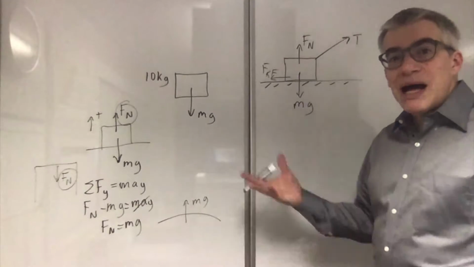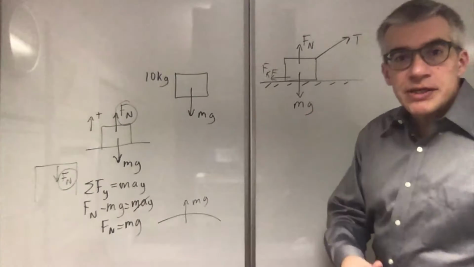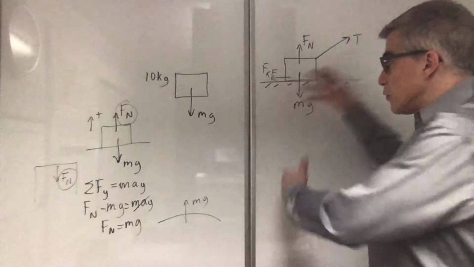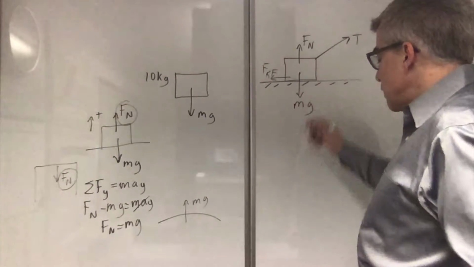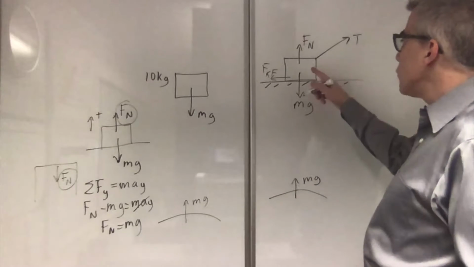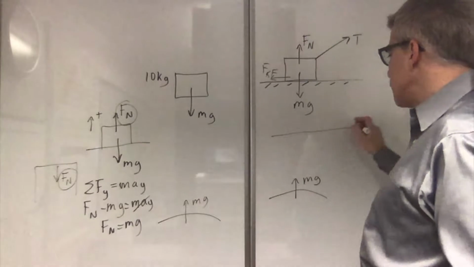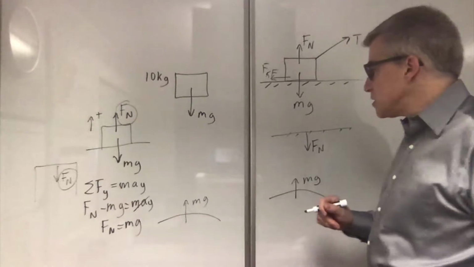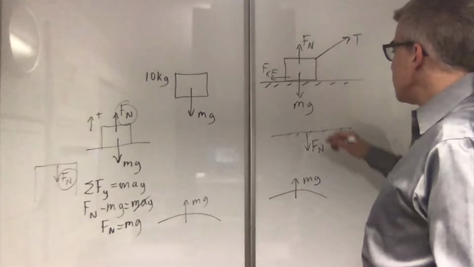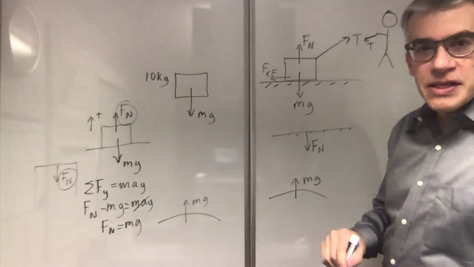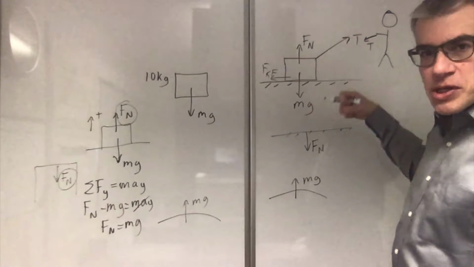Those are all the forces acting on this object. The forces by this object on other things are the equal and opposite forces. So we need other force diagrams. For the mg, we have the earth. For the normal force, we have normal force on the ground, or the table, or whatever it is it's sitting on. The tension, that would be me feeling the equal and opposite force if I'm pulling on it.